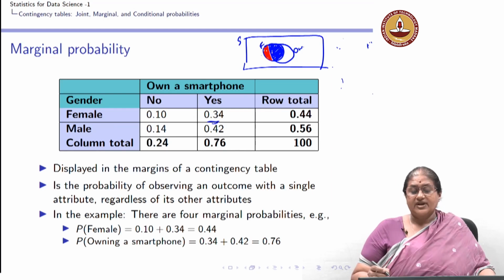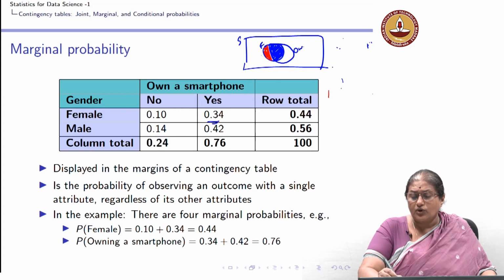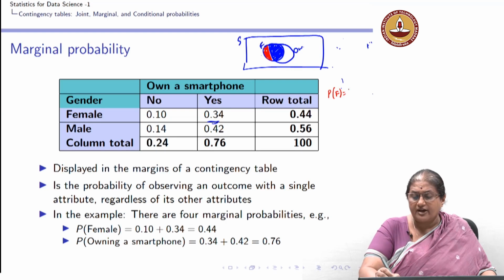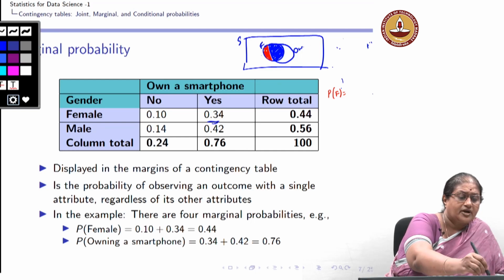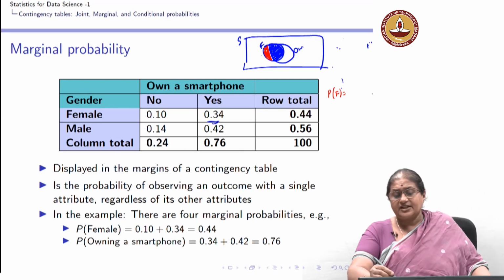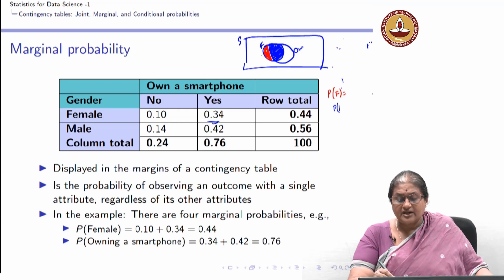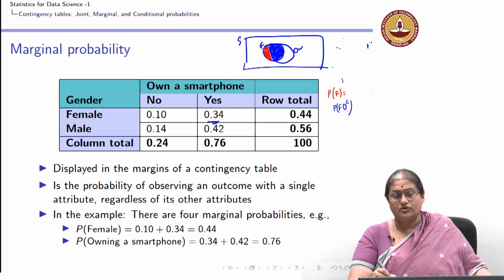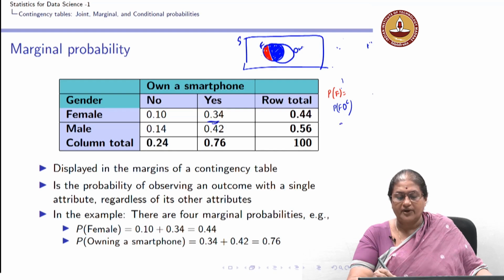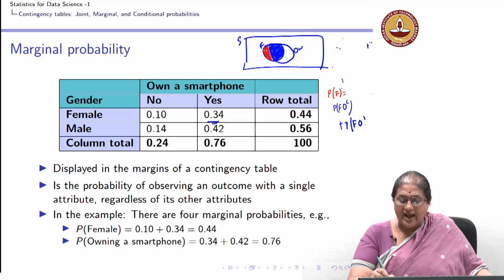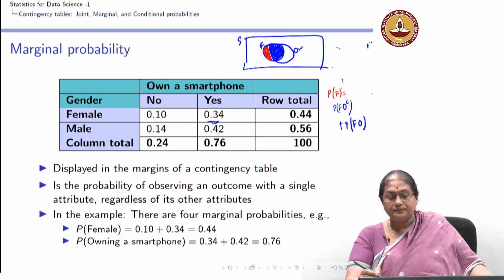So, you can see that if I want to know the probability of F, it is nothing but the union of the red region, which is being a female and not owning a smartphone, that is why I am putting O complement, union the probability of being a female and owning a smartphone.